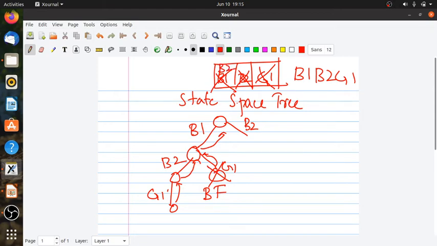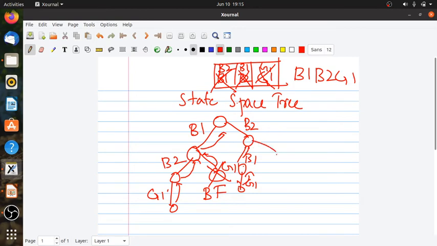Then B2 is added in the first seat, then B1, then the choice is G1. Here is B1 and this is G1. Next, we remove G1, this is one combination, then B1, then it moves here.